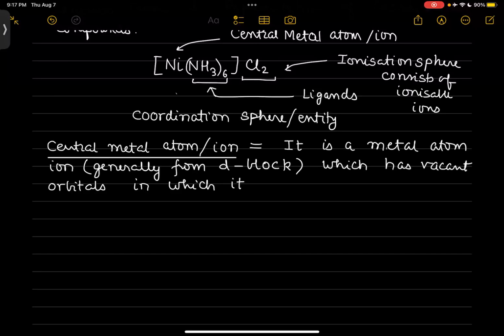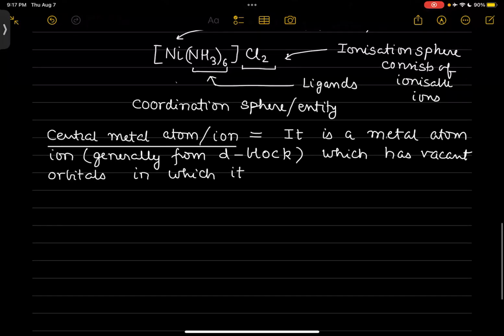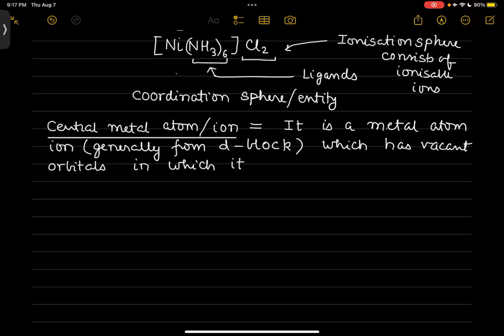Non-metals have a tendency to undergo different types of bonding. So generally they are metal atoms or ions, most commonly from the d block, which have vacant orbitals in which they can accept.